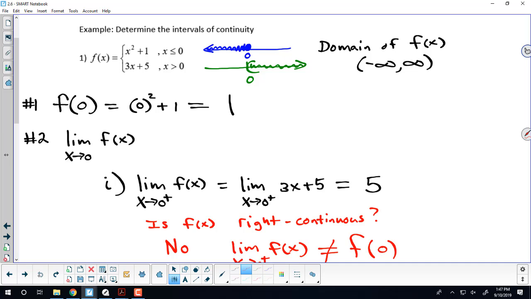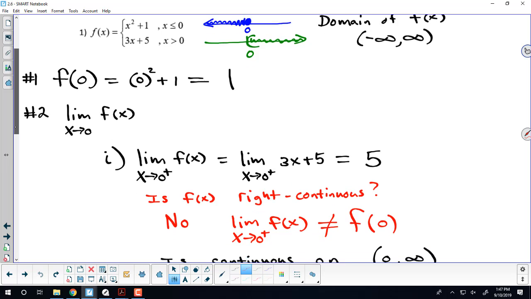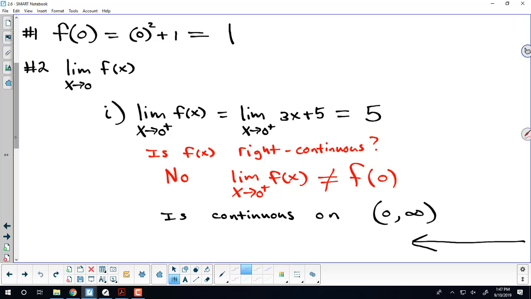We stop right there, because I've computed the limit from the right and I have a function value, so I can say something about right continuity. Is that limit the same as the function value? It's clearly different. Therefore, the function is not right continuous.